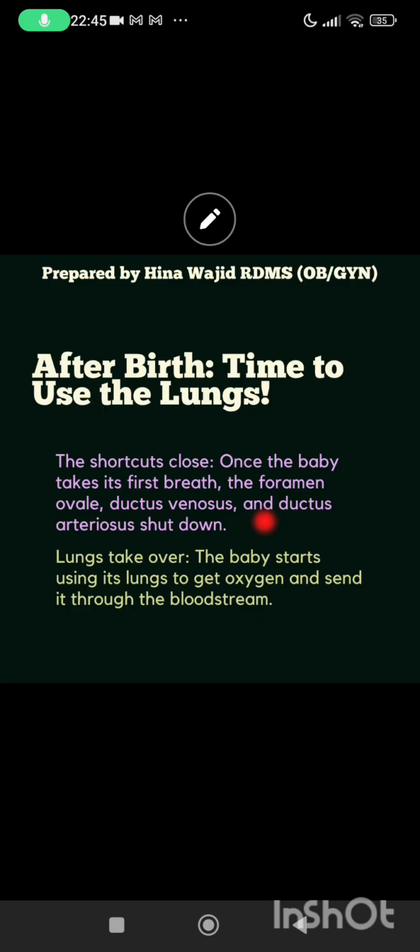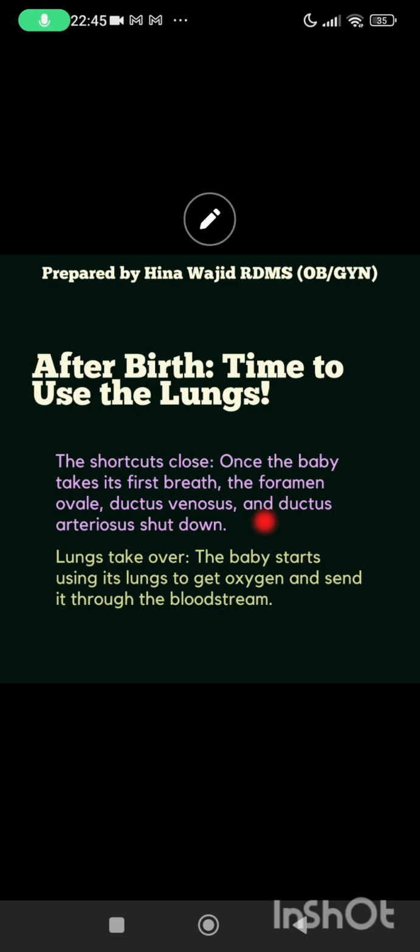Yeah. Exactly. Very good. So now after birth, what happens? Now there will be need of the use of the lungs. So now all the shortcut paths close. Why? Because now there is no placenta. Now fetal organs have to take the responsibility.